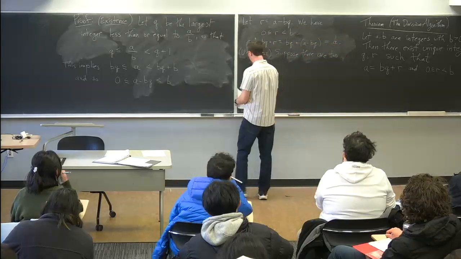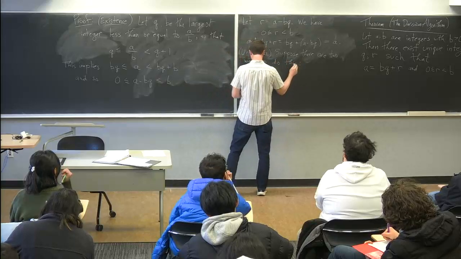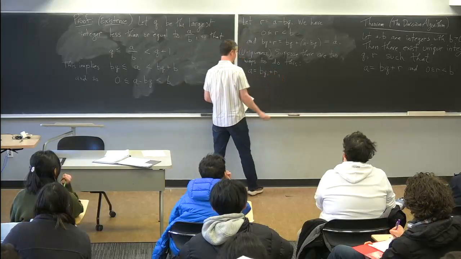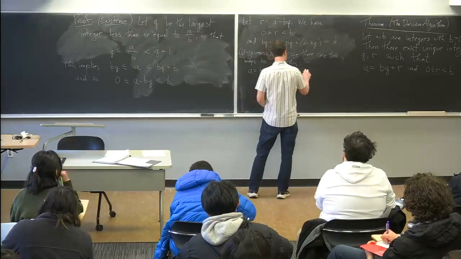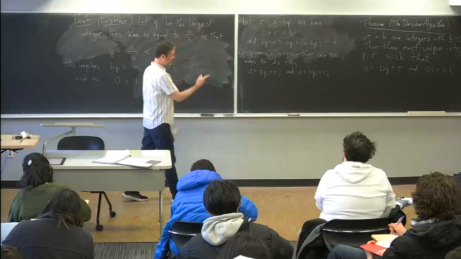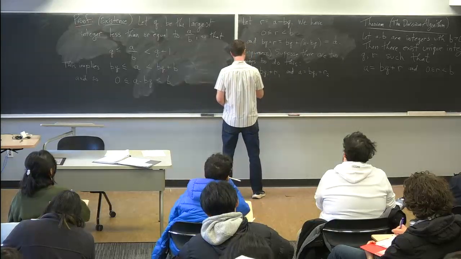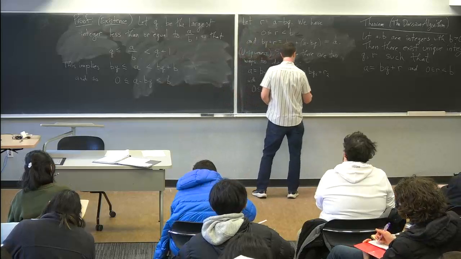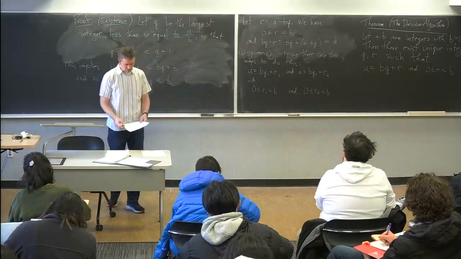Suppose we could write a as b times a certain quotient plus a certain remainder, and also a is equal to b times a different quotient plus a different remainder, with the additional condition on the remainders satisfied for both: 0 less than or equal to r1 less than b, and likewise for r2.